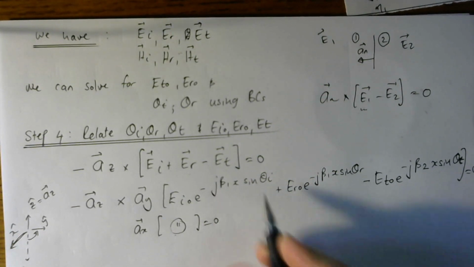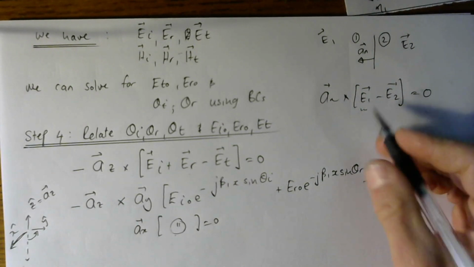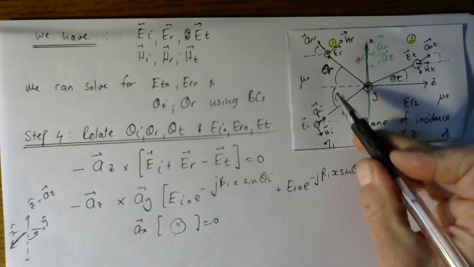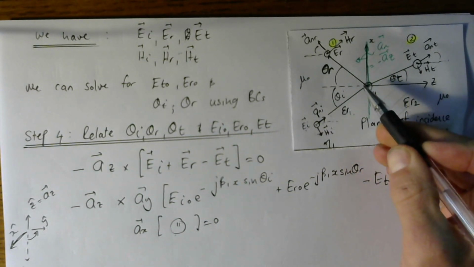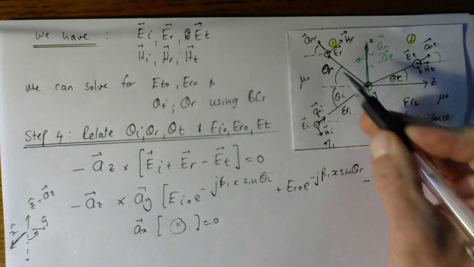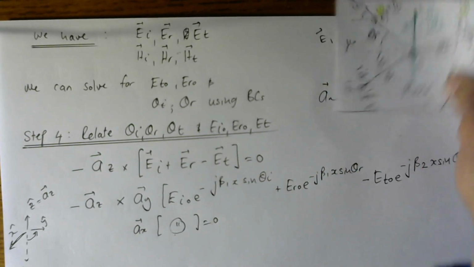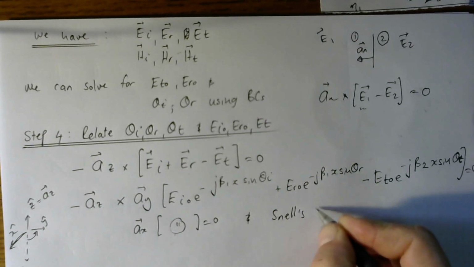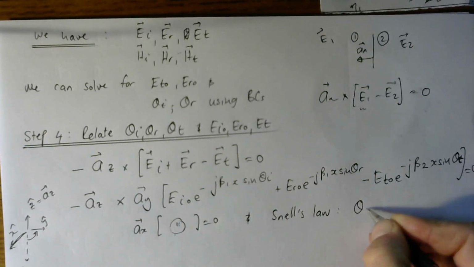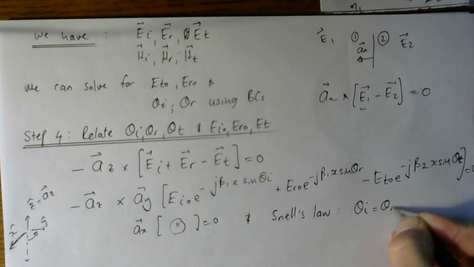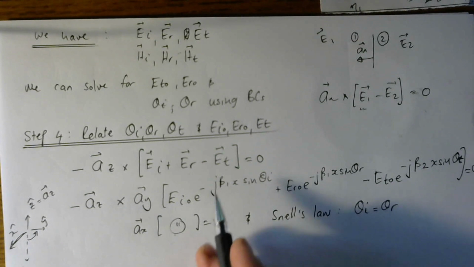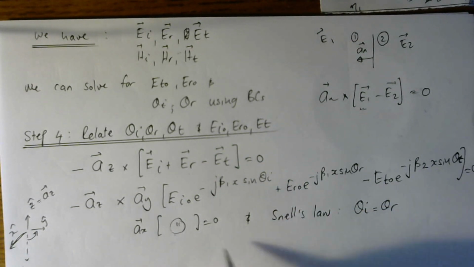Okay, before I write it down, I can also see that, remember, Snell's law says that this angle, I have a field going in here from physics, that is Snell's law. I know that this angle has to be equal to that angle. So, I have Snell's law telling me that theta I is equal to theta r. Then this expression set equal to 0 can be simplified a bit.